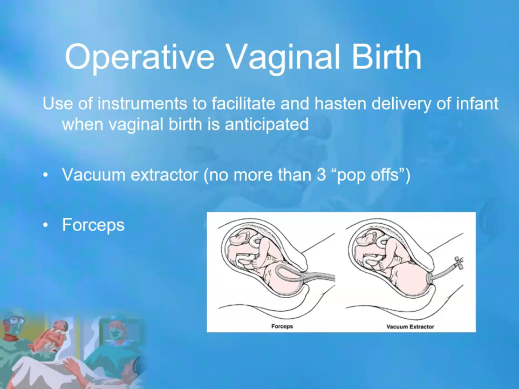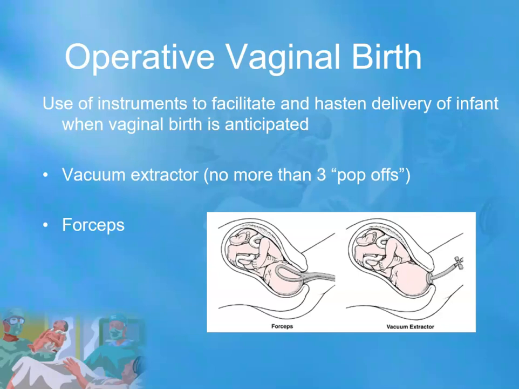An example would be a vacuum extractor where they put a little cap, or like a little cone, on the baby's head, and they pump it up, and it builds up pressure and forms a suction. So it's almost like it's sucking to the baby's scalp. And when mom is having a contraction and she's bearing down, pushing, remember, we want the maximum force when we use these things because we want to get success.